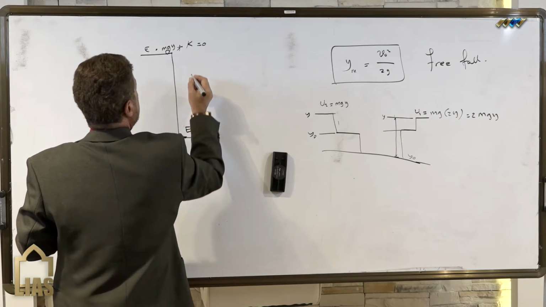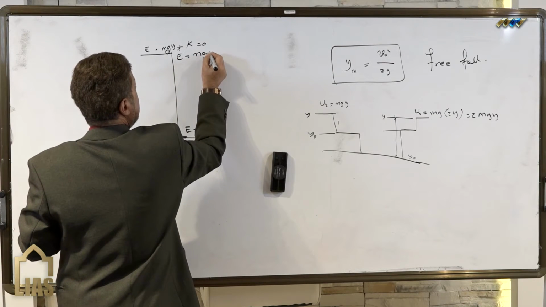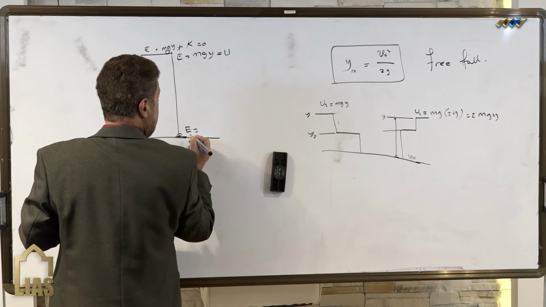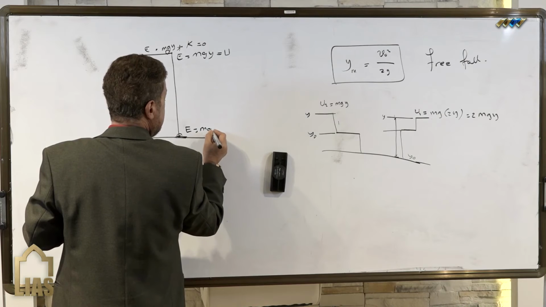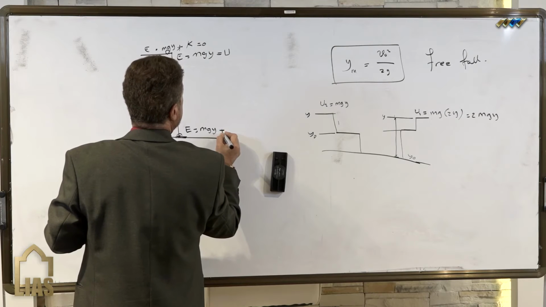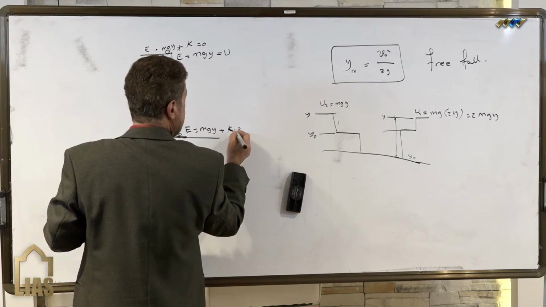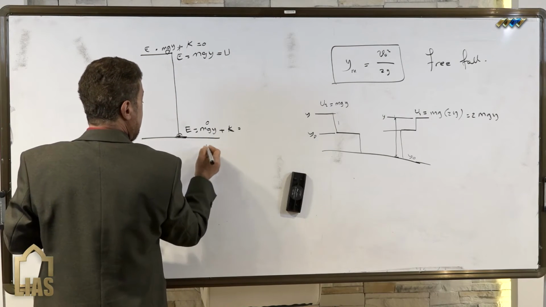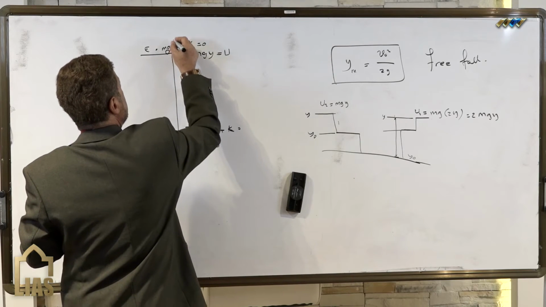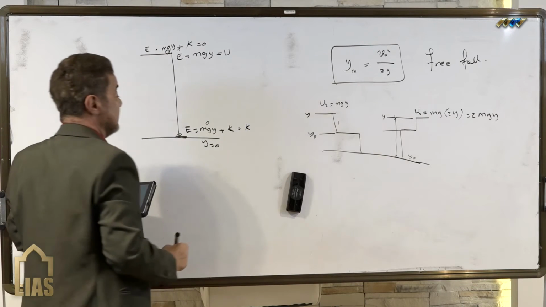Here E in this case is only potential energy, mgy, plus kinetic energy, which is 0 because the speed is 0. Here y is maximum. At the bottom, where y is equal to 0, it is only kinetic energy.